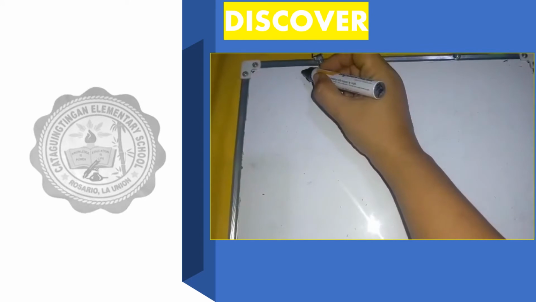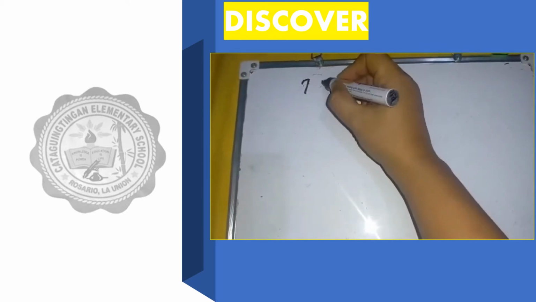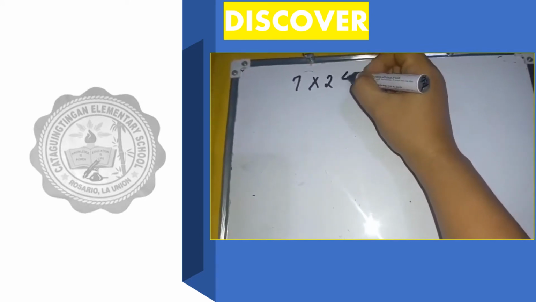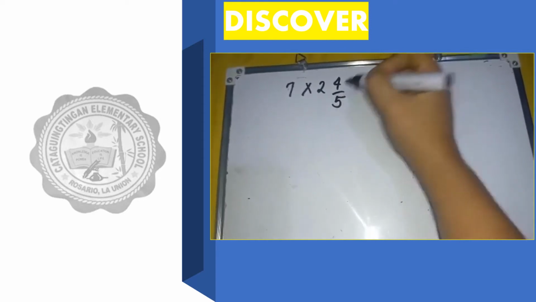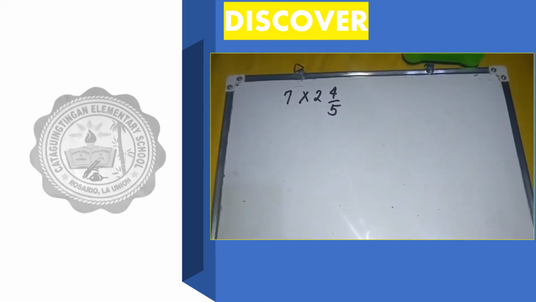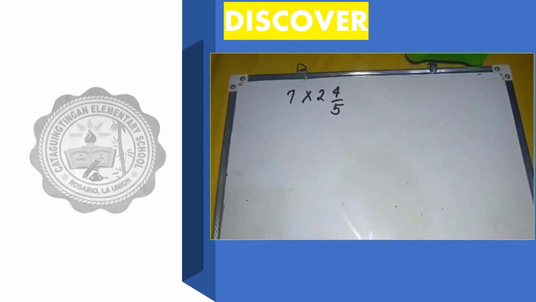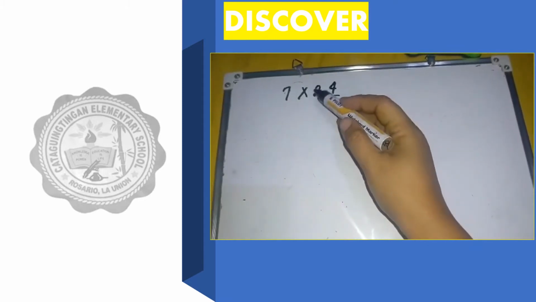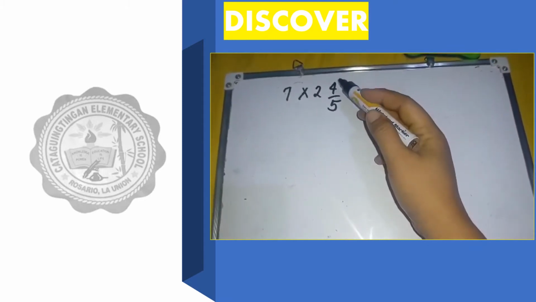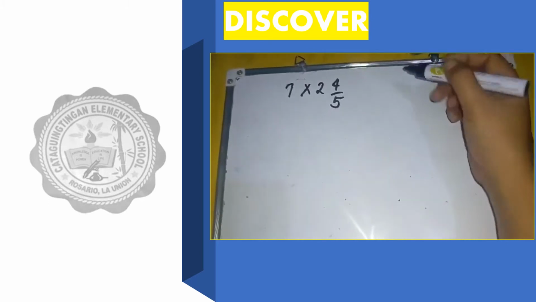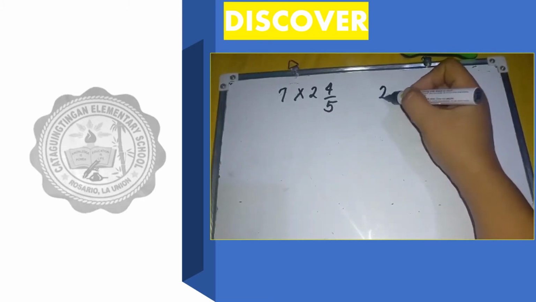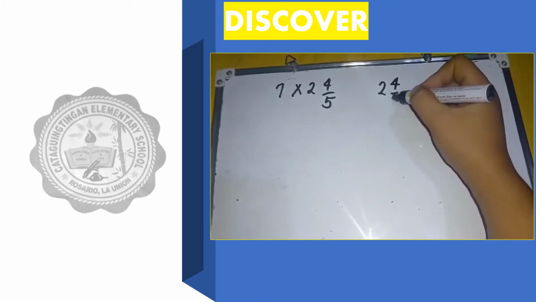Next example is we will multiply 7 times 2 and 4/5. So, what is the first step? We will convert mixed number to improper fraction. So, ito yung mixed number. Iko-convert natin ngayon siya sa improper fraction. So, 2 and 4/5.